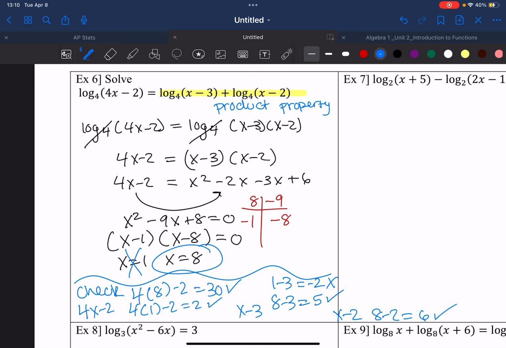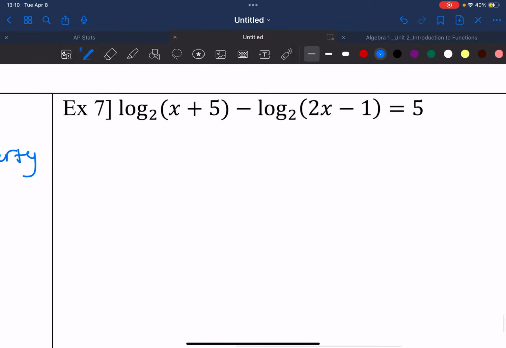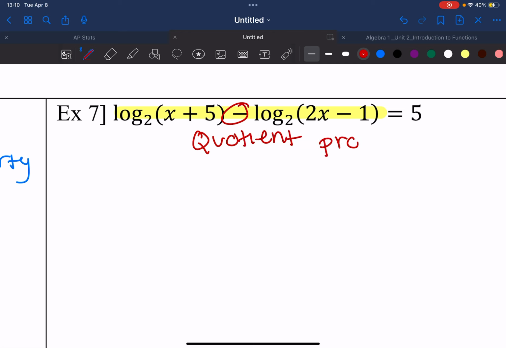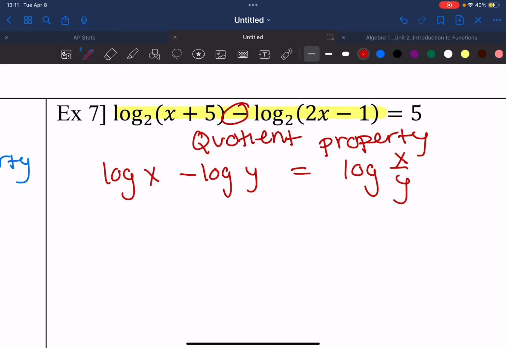Okay. Number 7. Okay, so again, notice we have two logs on one side, so we need to condense them, but this time we have a subtraction. So this is now using the quotient property, which states if we have log of x minus log of y, that's the same as saying log of x divided by y.